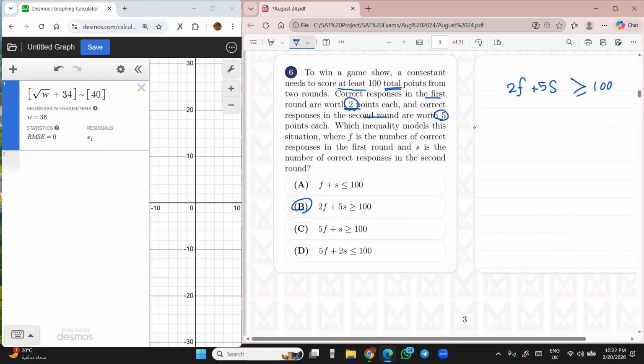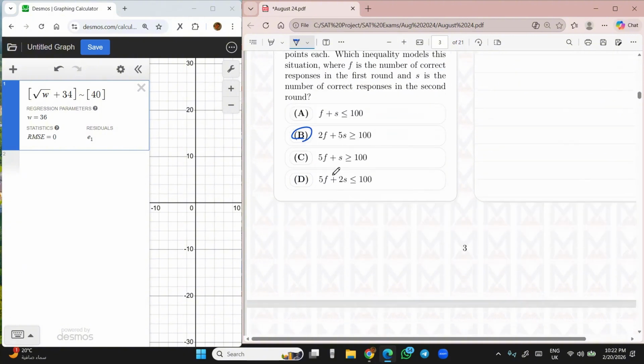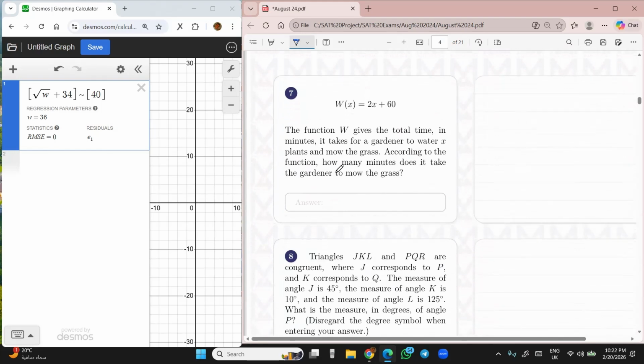This cannot be done on Desmos because it's just interpretation or writing the inequality, not solving it. Question number 7. W of x is equal to 2x plus 60. The function W gives the total time in minutes it takes for a gardener to water x plants and mow the grass. It takes 2 minutes to water each plant.